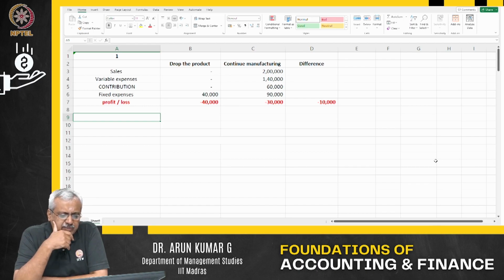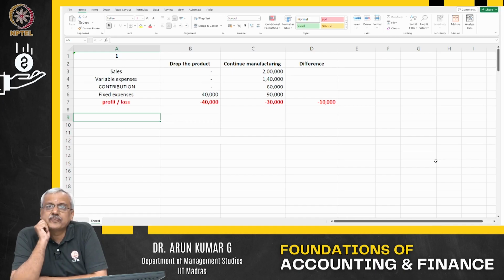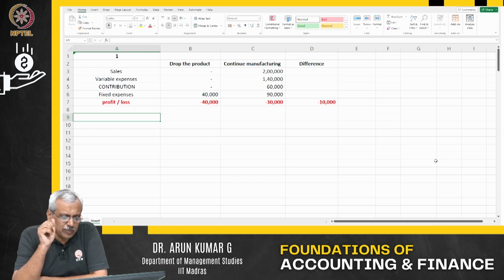the contribution from continuing to manufacture the product will cover some part of the inevitable fixed cost. Please note, I am using the term inevitable fixed cost. Inevitable fixed cost is 40,000. The contribution of 60,000 covers some part of it. So my loss is only 30,000 if I manufacture, and my loss increases if I do not manufacture, because I am not getting any contribution to cover the inevitable fixed cost.